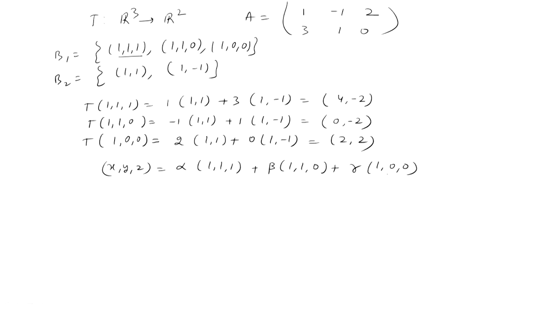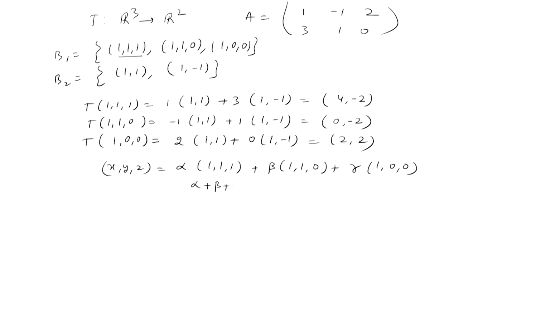You try to find out alpha, beta and gamma in terms of x, y and z. How can we do that? You can simply have 3 equations. Alpha plus beta plus gamma is equal to x, alpha plus beta is equal to y, and gamma is equal to z.